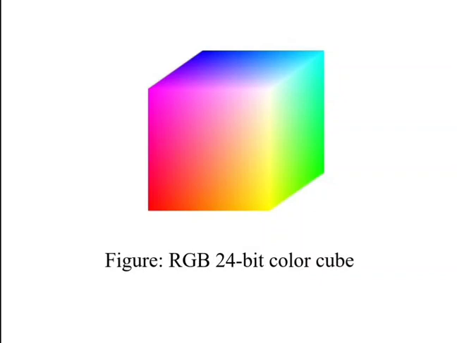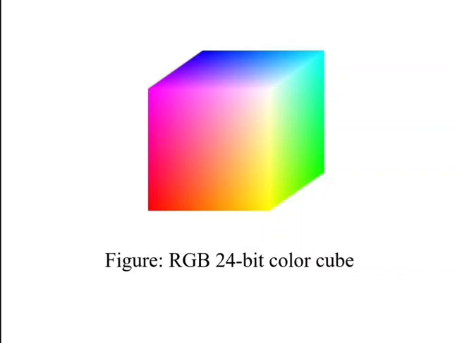Consider an RGB image in which each of the red, green and blue images is an 8-bit image. Under these conditions, each RGB color pixel is said to have a depth of 24 bits, that is, 3 image planes times the number of bits per plane. The term full color image is often used to denote a 24-bit RGB color image.